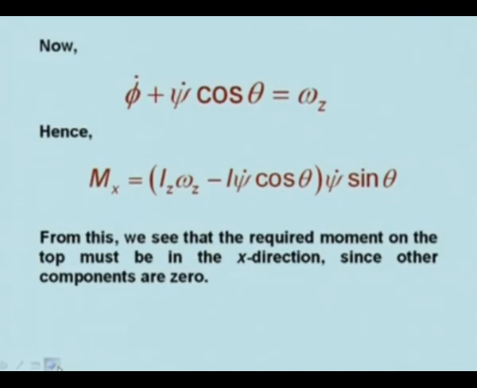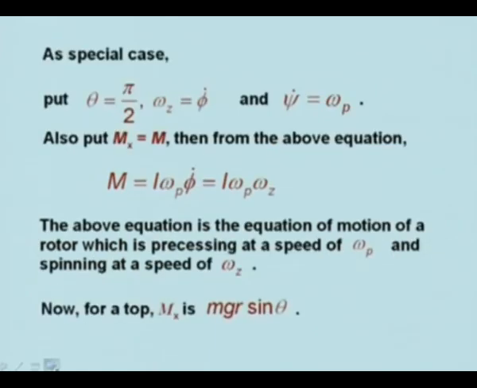Now phi dot plus psi dot cos theta is equal to omega z. Hence, Mx is equal to psi dot (Iz omega z minus I psi dot cos theta) sin theta. From this we see that the required moment on the top must be in the x direction, since the other components are 0.